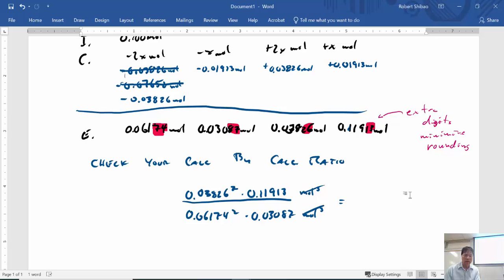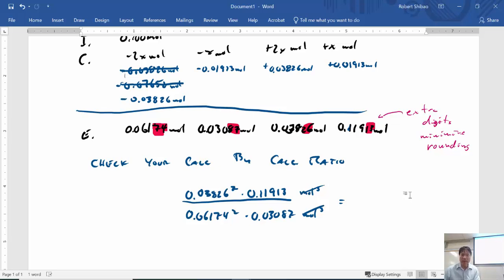So 0.03826 squared times 0.11913 divided by 0.06174 squared divided by 0.03087.